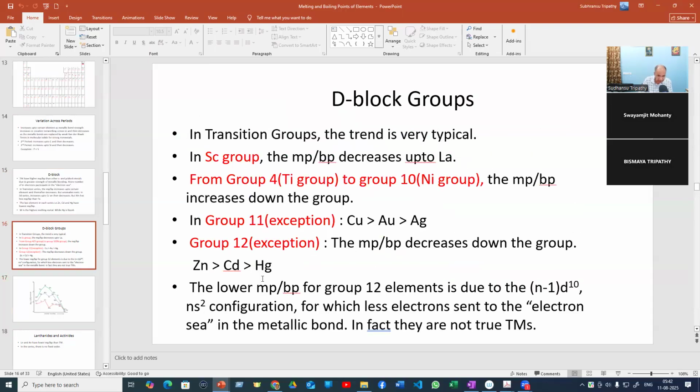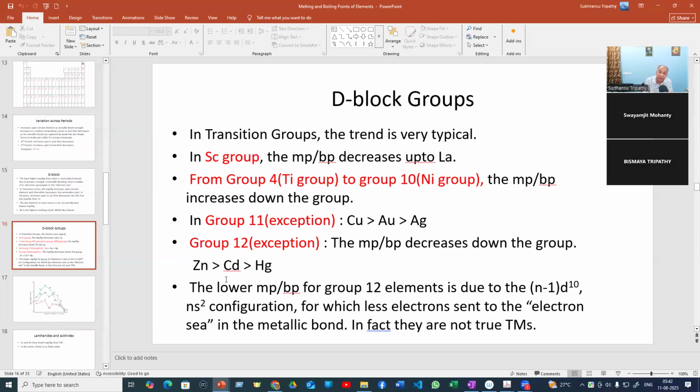And the zinc group is the anomalous group, because they are not true transition elements. Their s electron does not participate in bonding. So it goes on decreasing down the group as size increases, and mercury becomes a liquid.